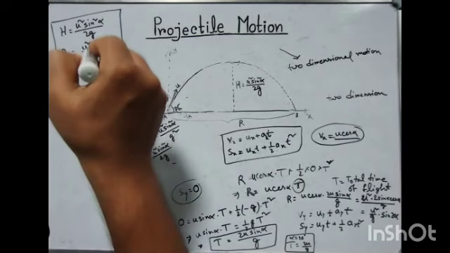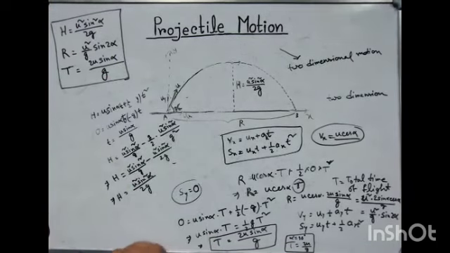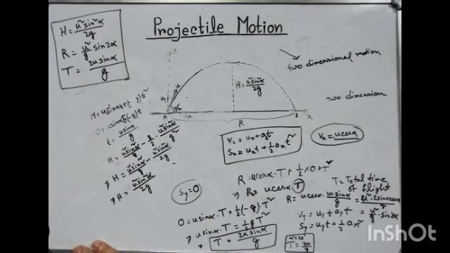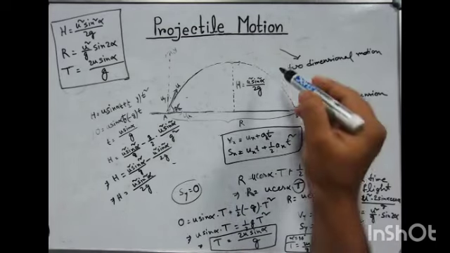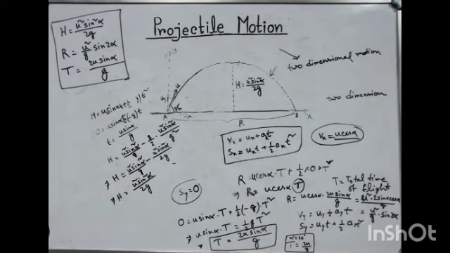I need these things when I solve MCQs or problems of projectile motion, so be careful. And now we will try to find the equation of this trajectory. So let's do that.